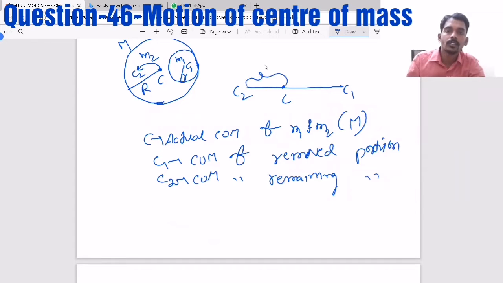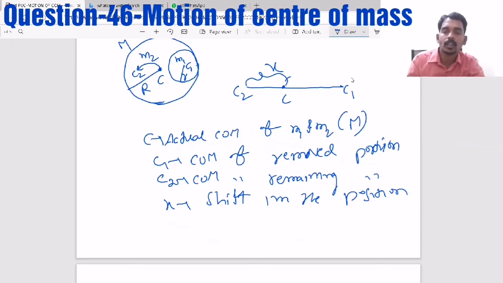This is called the shift in the position, X is called the shift in the position. This is the distance of the center of mass of the removed portion from the original one. If you take this as x1, and this as x2, then this x2 is the shift.